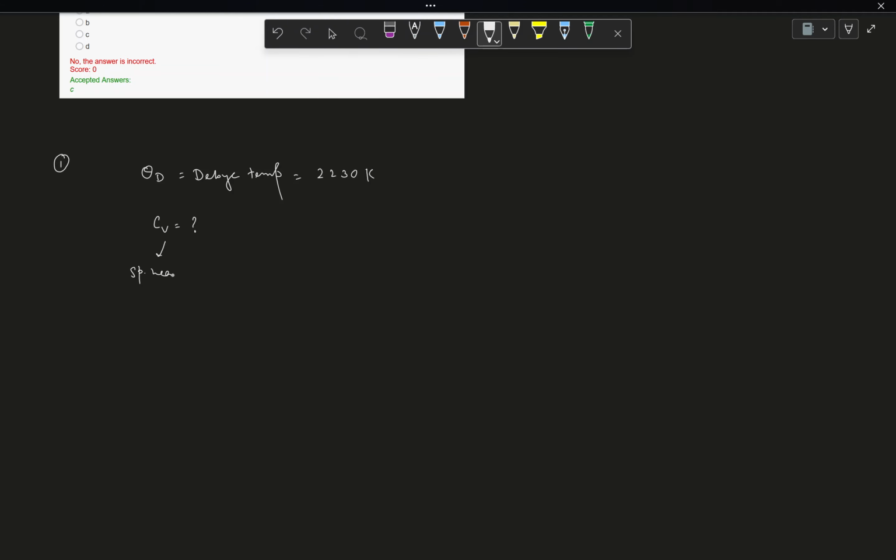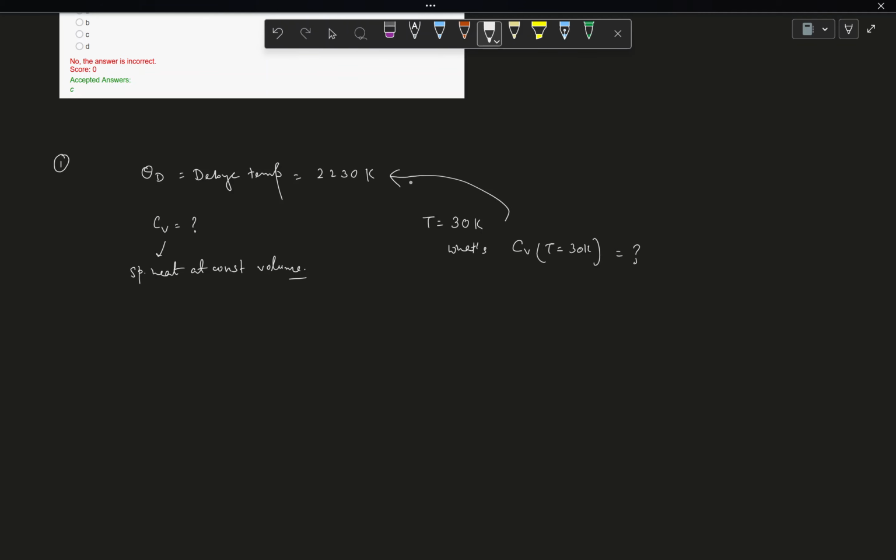So this is the specific heat at constant volume. And you have another piece of information that you are given a T of 30 Kelvin, and at this T, what's CV at T equal to 30 Kelvin for this sample, when you are given this information of theta_D.